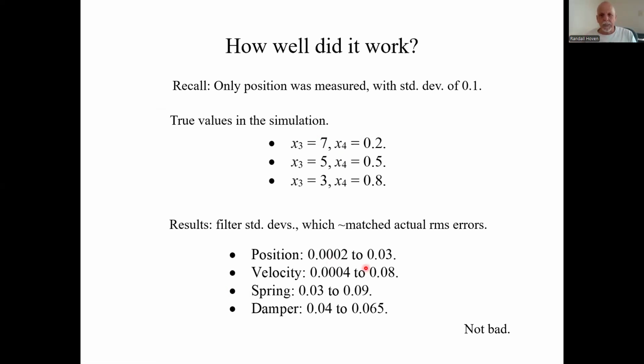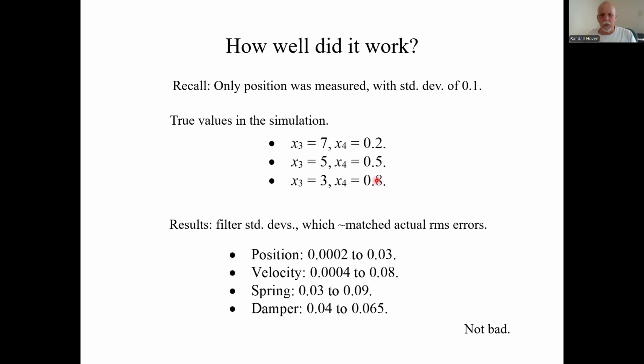In position, we had these accuracies at steady state, or after some settling time. We measured to 0.1, but look, we estimated to less than 0.03. These were the spring constants, but our errors in them were like 2 orders of magnitude smaller.